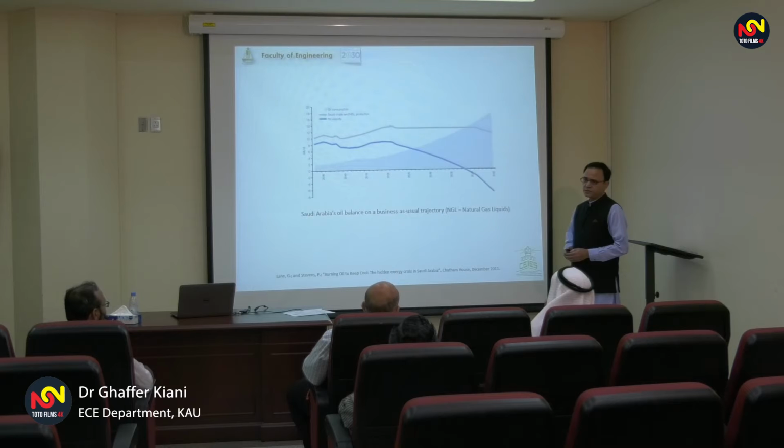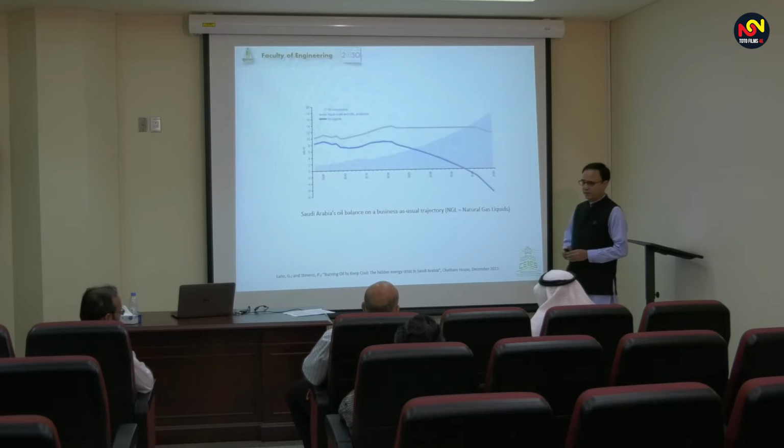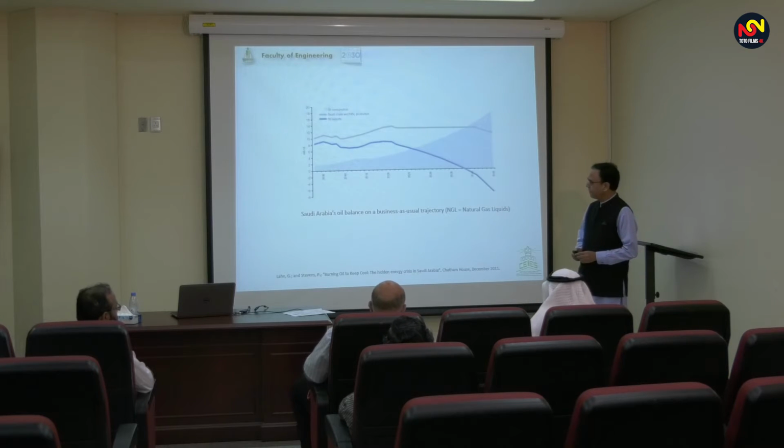So, let us start with a small graph taken from "Burning Oil to Keep Cool: The Hidden Energy Crisis in Saudi Arabia." This is an article written by Mr. Lahn and Stevens and published by Chatham House in December 2011.